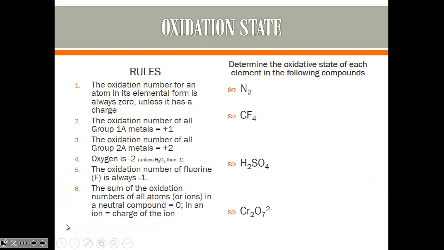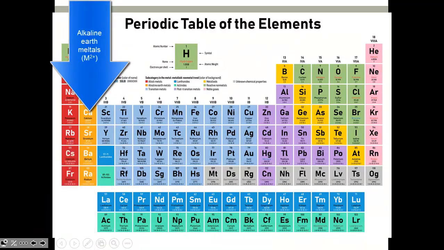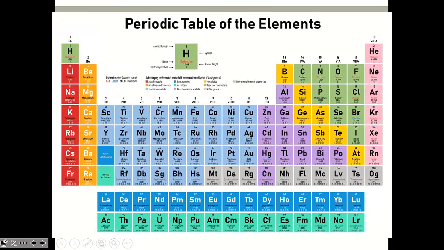In reality, group 1 and 2 metals are always +1 and +2 respectively. However, the nonmetals can do some weird things, as nonmetals have an empty d orbital that they can put electrons in or take electrons away from. So fluorine becoming fluoride is always -1.